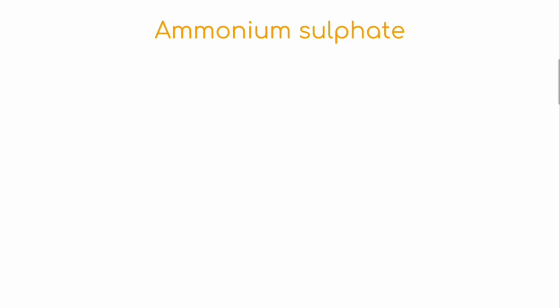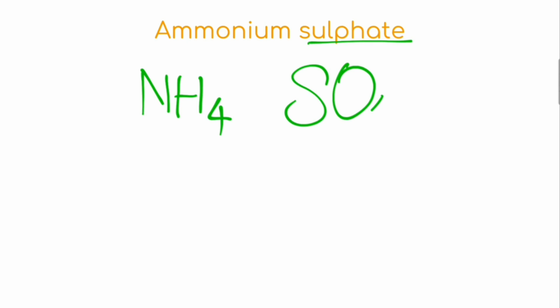Okay, what is the symbol of ammonium? The symbol of ammonium is NH4, and sulphate, the symbol is SO4. So let's check their valencies. Their valencies are 1 plus and 2 minus.